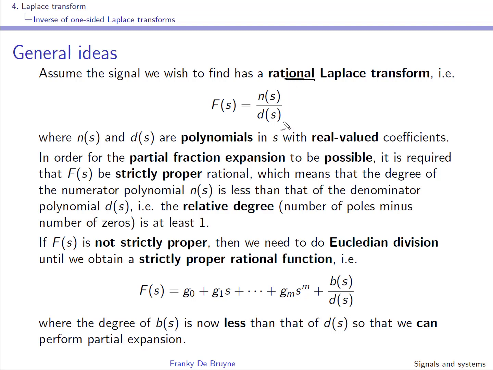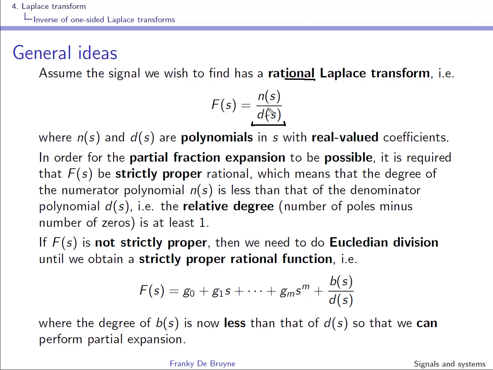It can be written as a numerator polynomial over a denominator polynomial. Both polynomials will be polynomials in s, and the coefficients will be real valued in practical applications. So what we'll have to do is factor the denominator and do a partial fraction expansion.